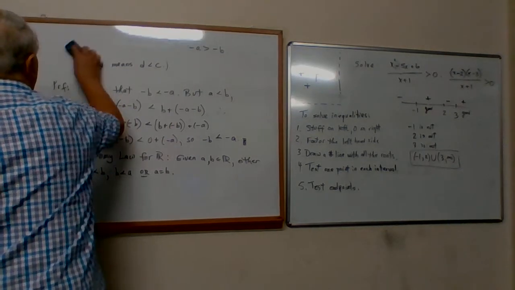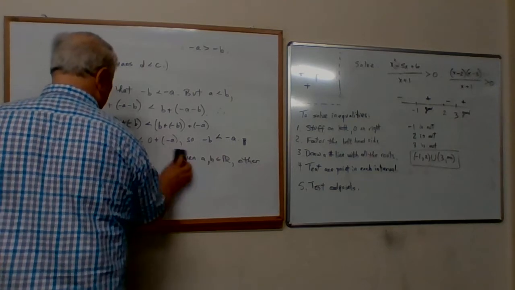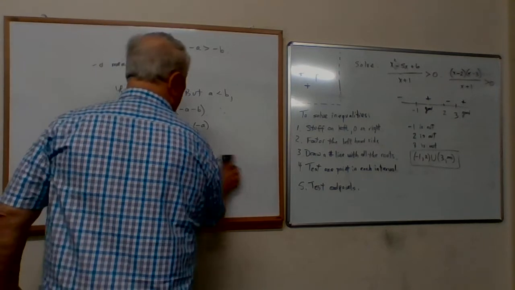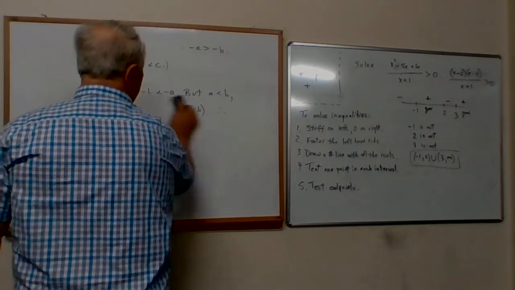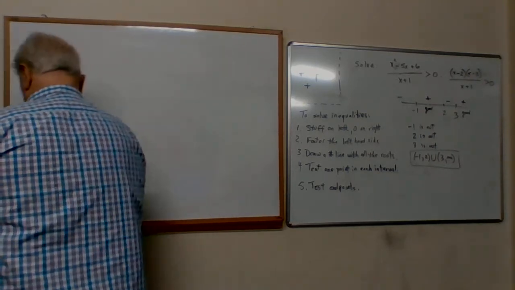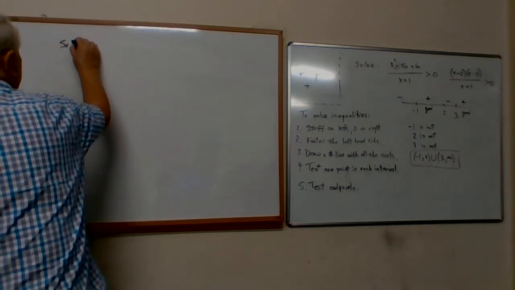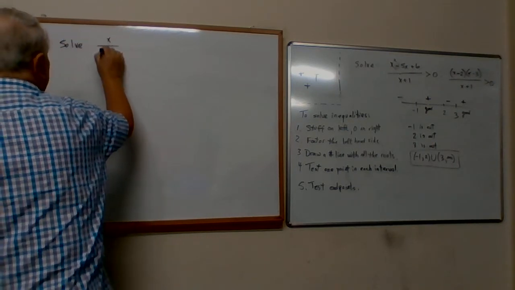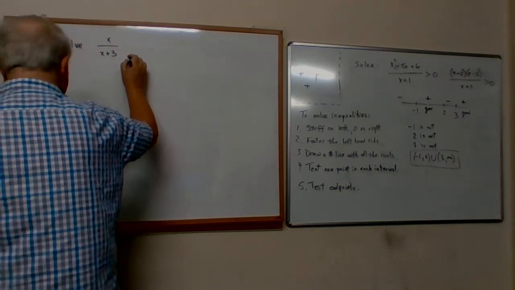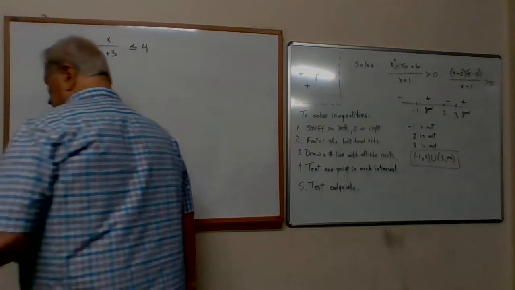Let's do another one. Solve x over x plus 3 is less than or equal to 4.